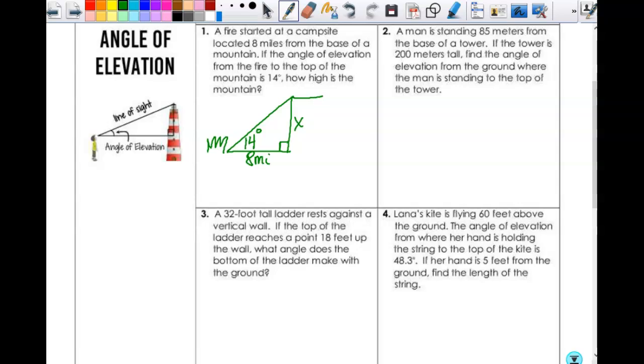All right, so then to set this one up, which trig ratio am I going to use? Tangent. So I'm going to have the tangent of 14 equals X over 8. So 8 times the tangent of 14 equals X. Then we can say that the mountain is 1.995 miles high.